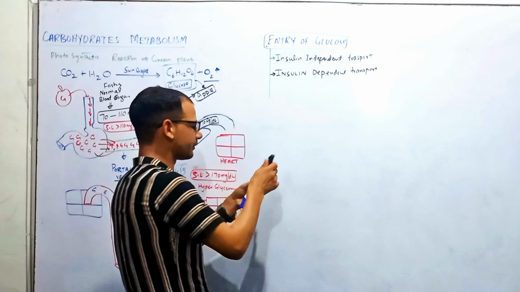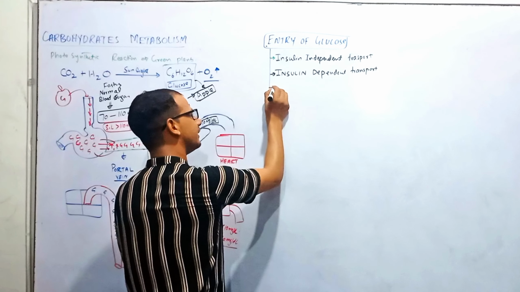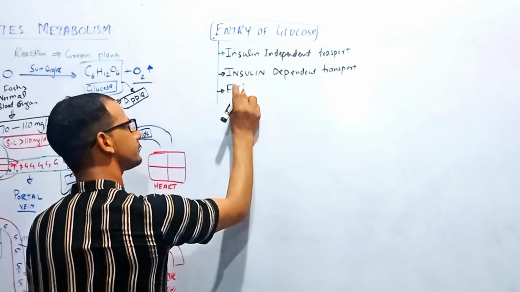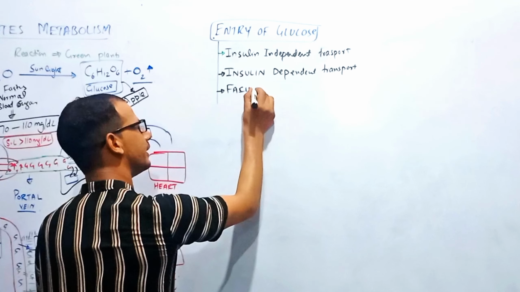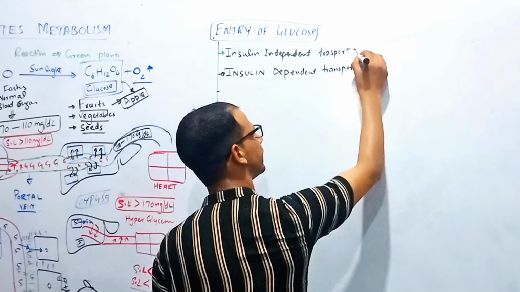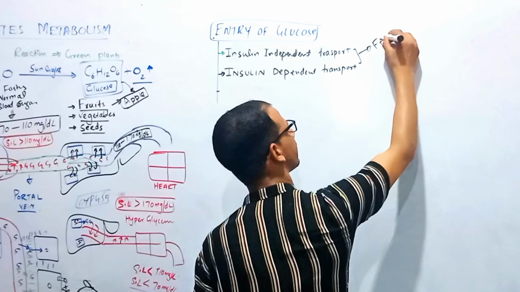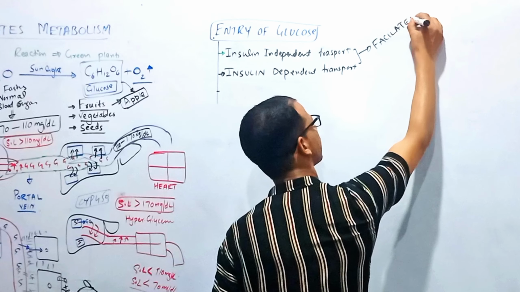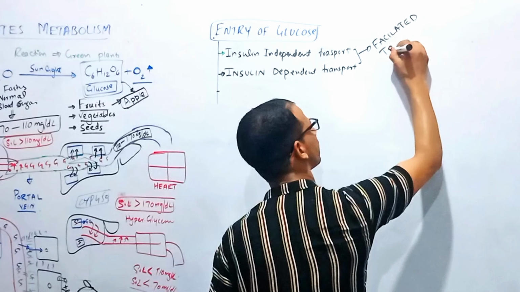Insulin dependent. Next transport system is facilitated, or we can say that these two transports are called facilitated transport.